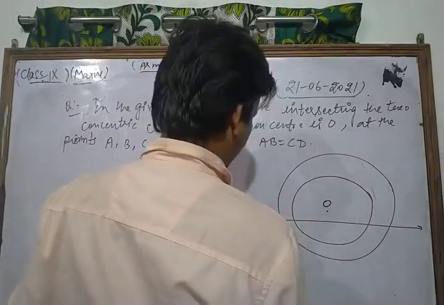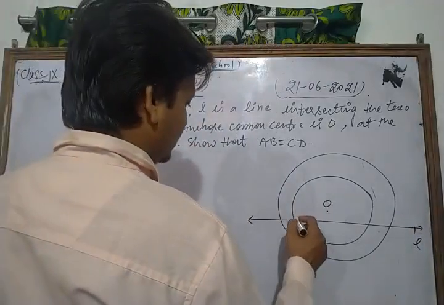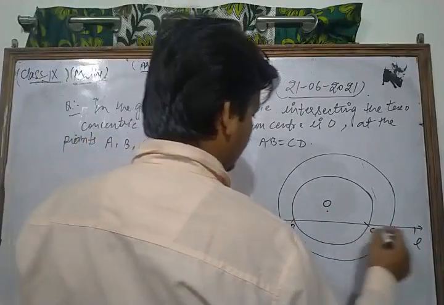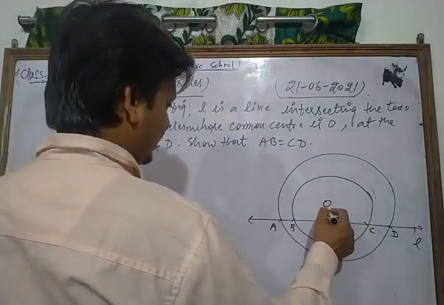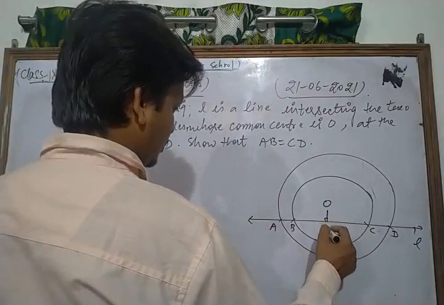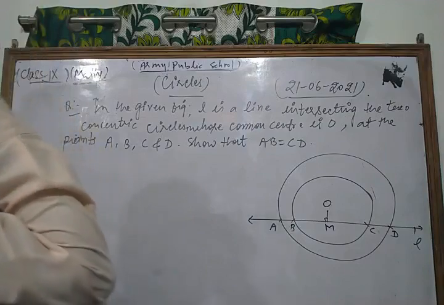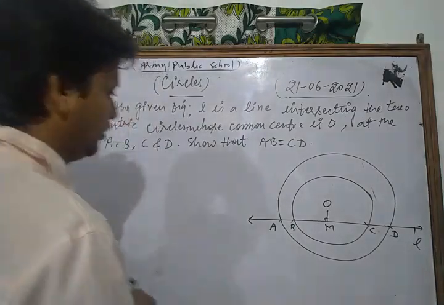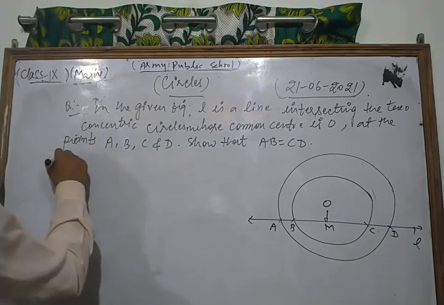This is line L, and these are the points A, B, C and D. This is perpendicular to line L, at the point M. We have to show that AB is equal to CD. Now let's see its solution.